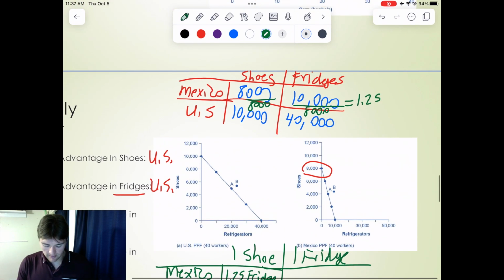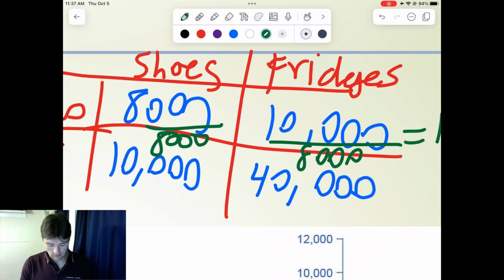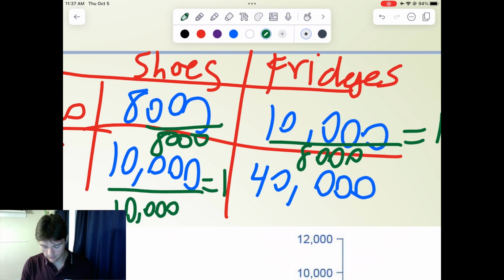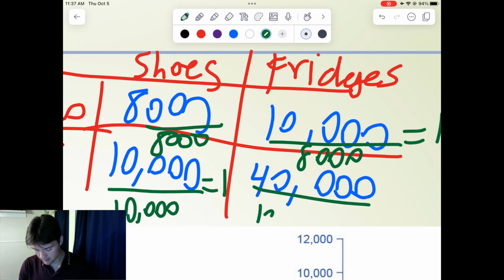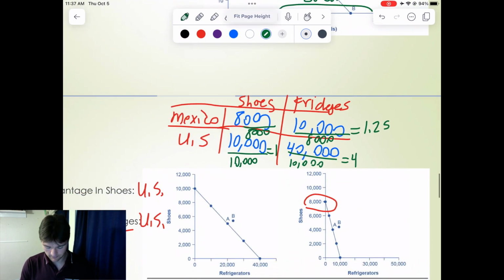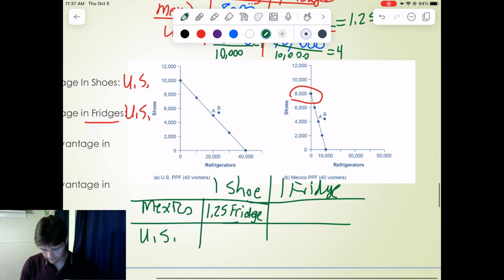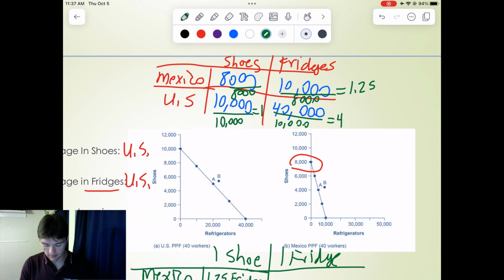For the US, we have 10,000 shoes, so we would divide by 10,000. That equals 1. So 1 shoe is the same as 4 fridges. Now let's do fridges for the other one.